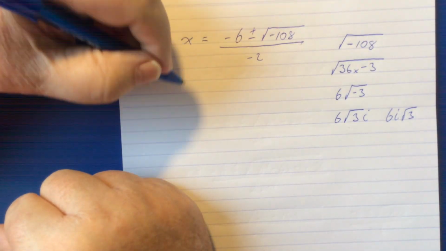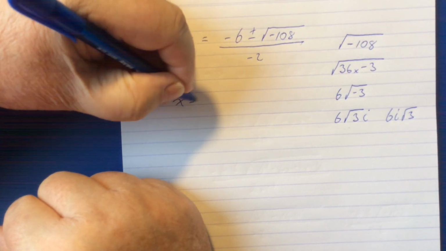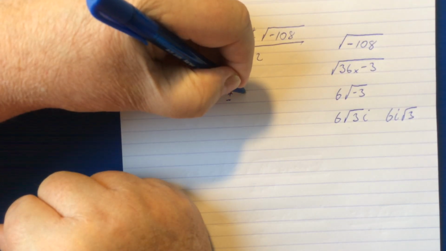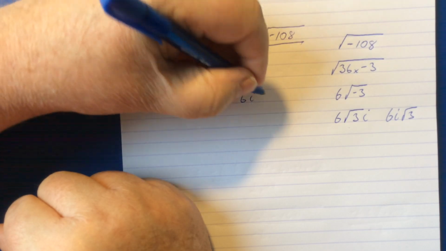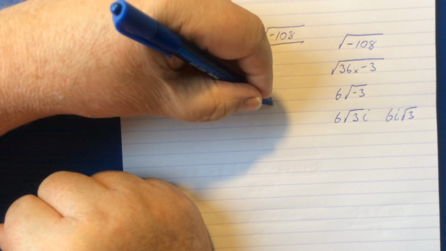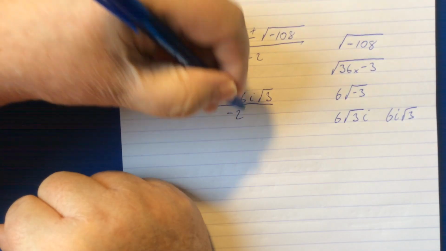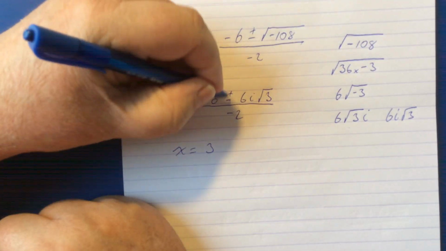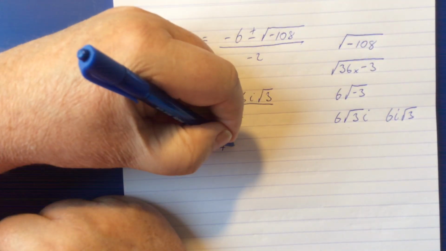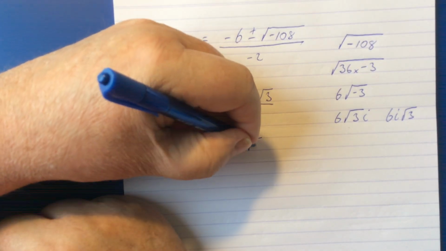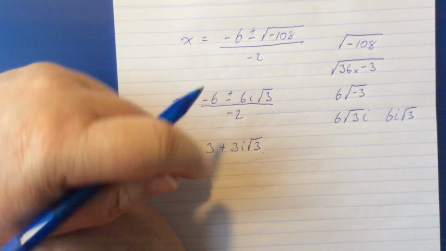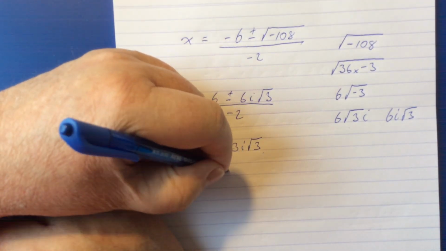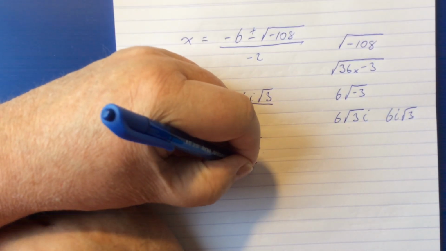So what do we have? We have x is equal to negative 6 plus or minus 6, we'll use the i, root 3 all over negative 2, which means that x is equal to 3 plus 3i root 3 over 1, we've divided by 2, or 3 minus 3i root 3.